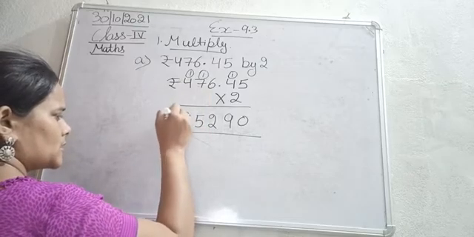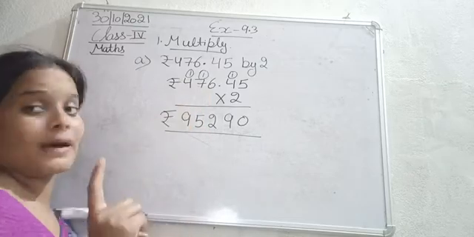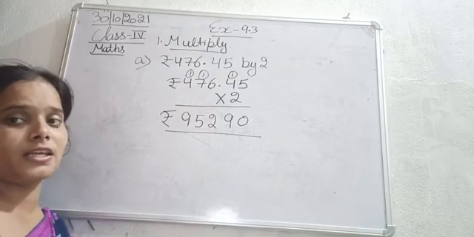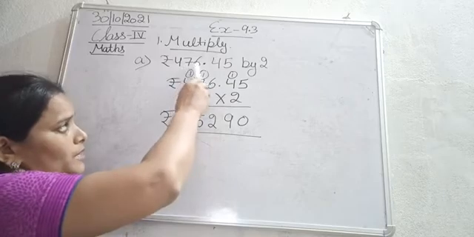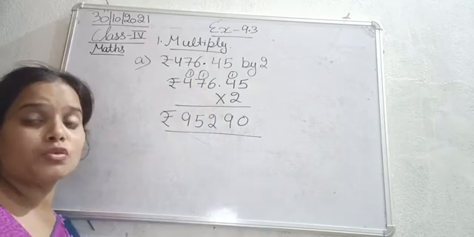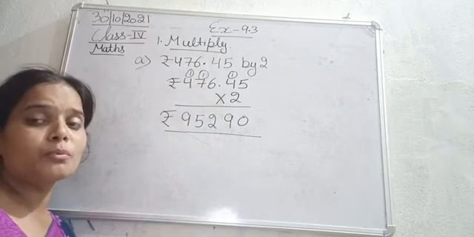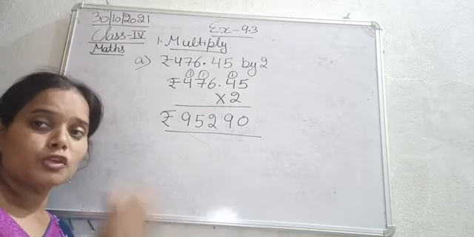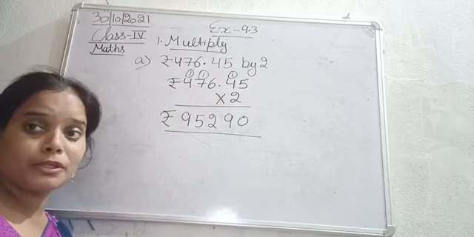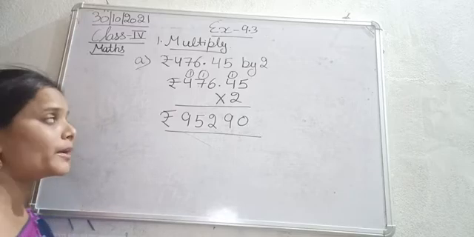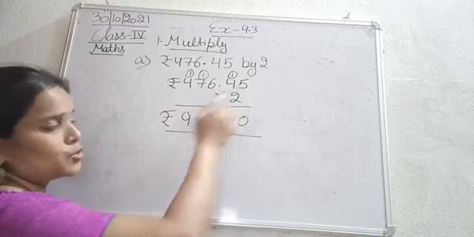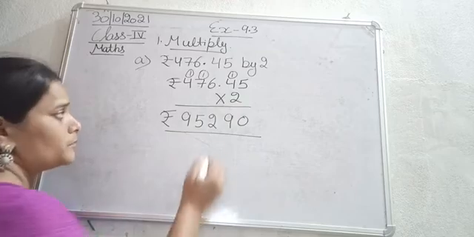And this is rupees. But this is not the answer yet, because as you can see in the question we are having 476.45. So where's the point? When we do the multiplication, first of all we will just simply do the multiplication and then we will put the point. In the question, after the point we are having 2 digits, right?